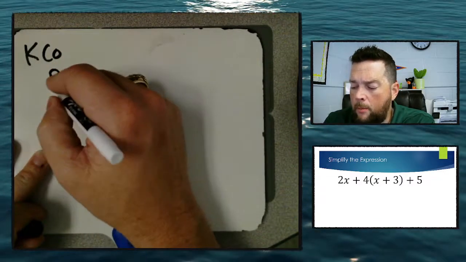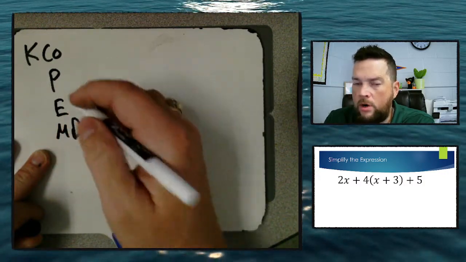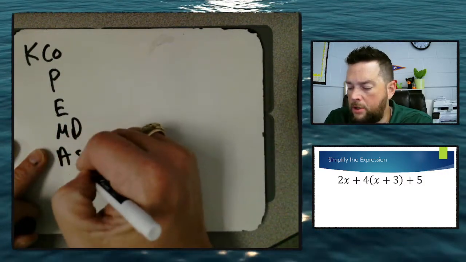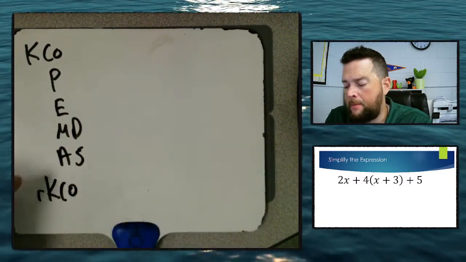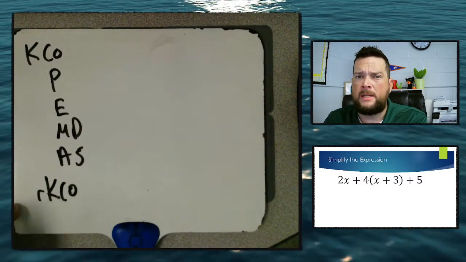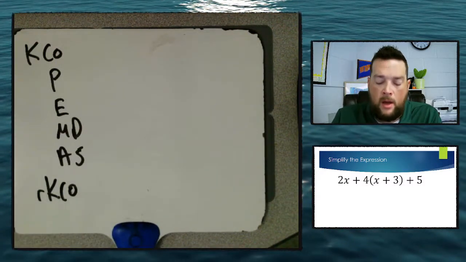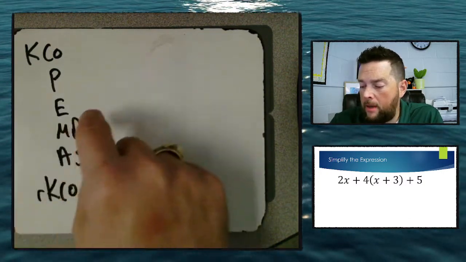Then we look at our parentheses and then our exponents, then any multiplication or division from left to right, and addition or subtraction from left to right. And then you heard me a while ago say reverse keep, change, opposite. That's what we're doing at the end, which means we're turning any plus negatives or subtract negatives into subtraction problems. We're cleaning that up a little bit.